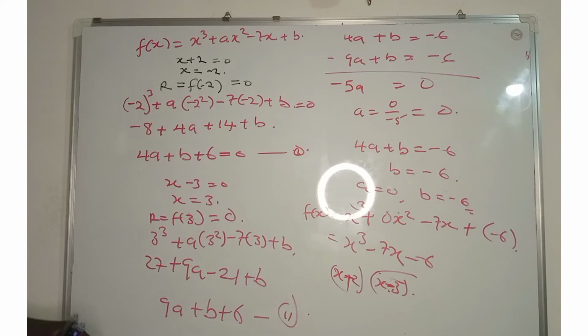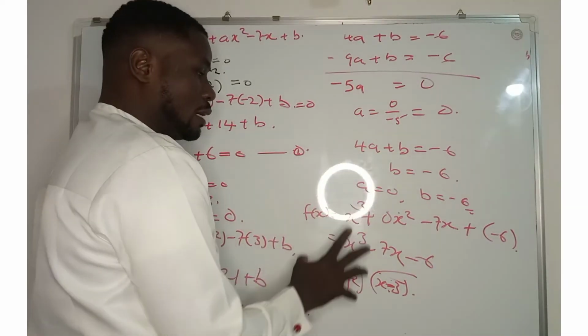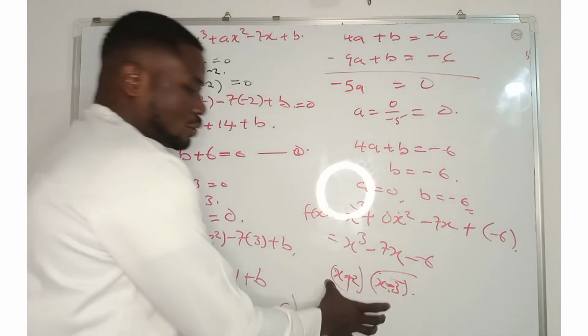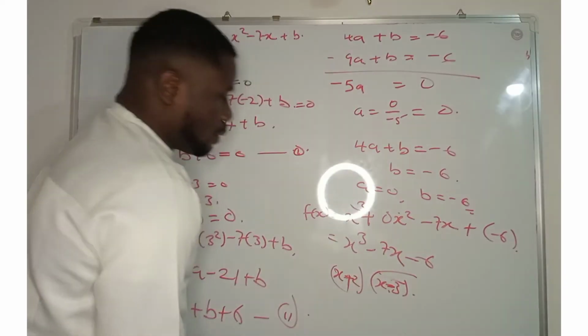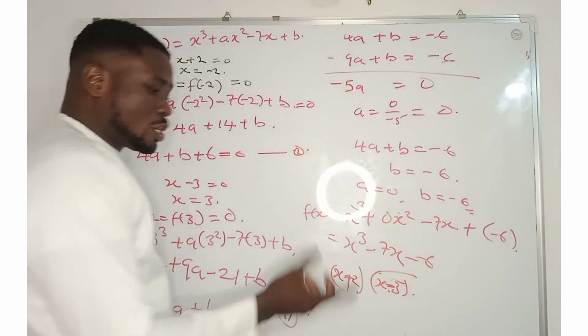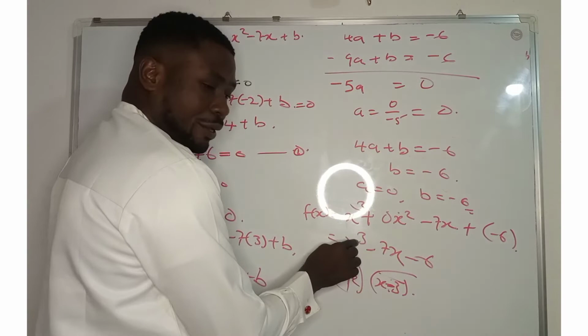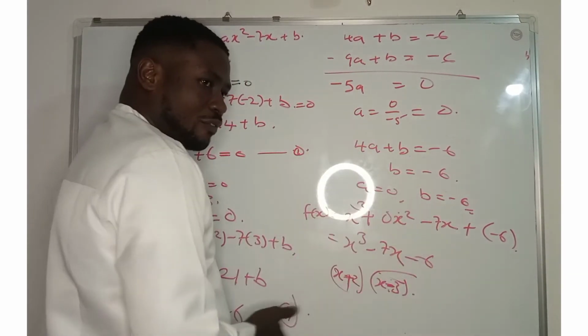Sorry, x minus 3 and x plus 2. These were the two factors given to us earlier, and we used them to get the values of a and b. Now, if we are asked to find the remaining factor, it is because this expression has power 3, so there should be another factor.